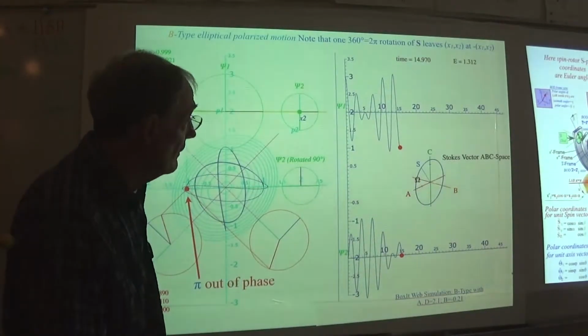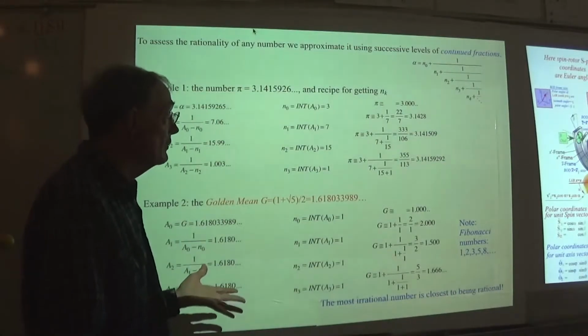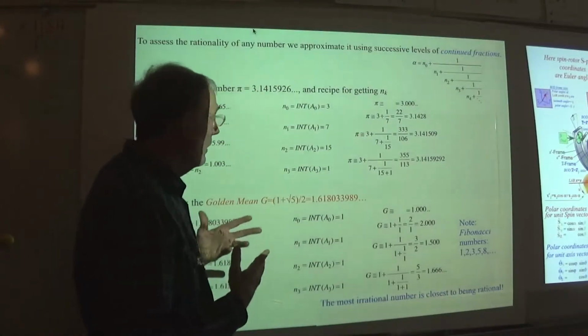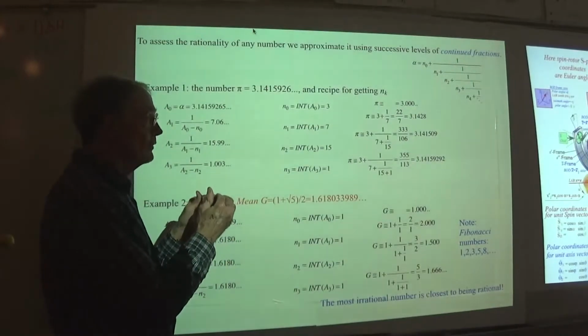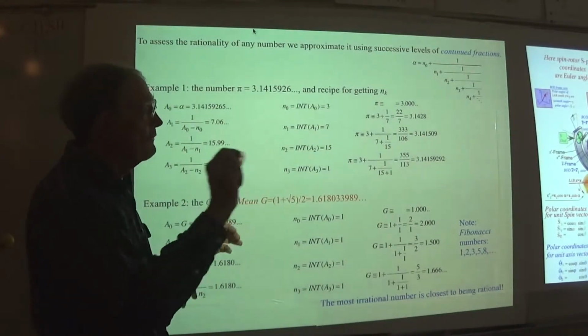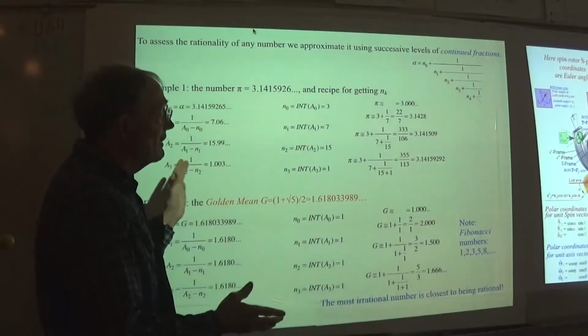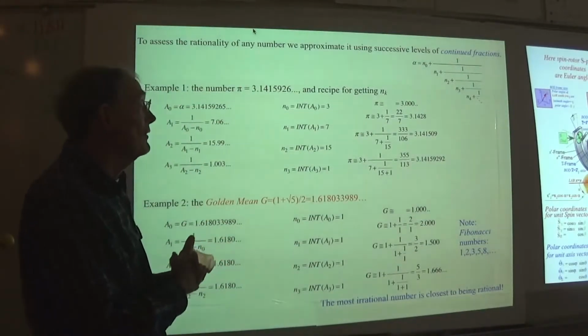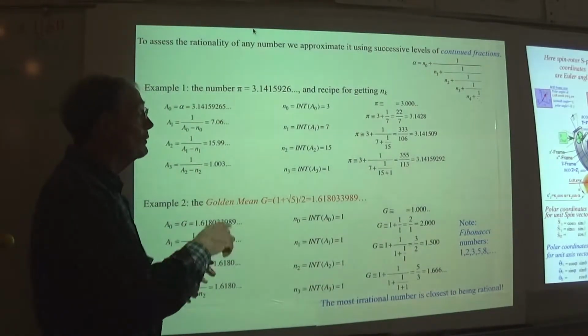But also, and this is the other thing that's interesting, you take any of these ratios that we have produced for one frequency versus the other, take that ratio, and if that ratio is rational, you'll get a closed curve.